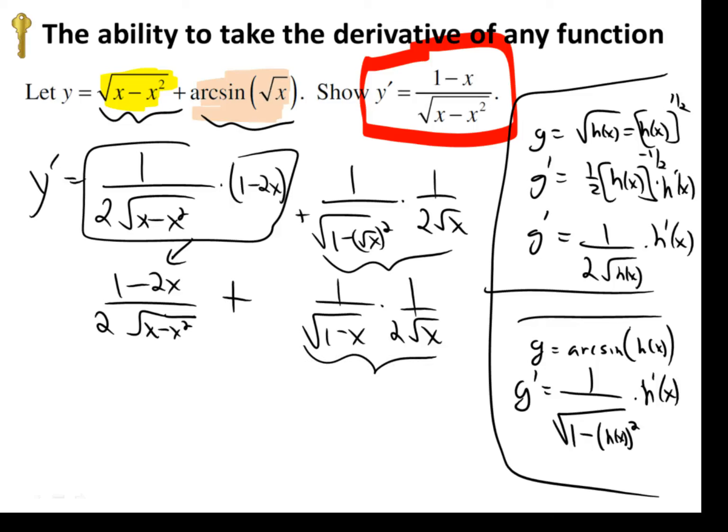If we have a root of a and a root of b, we can make it the root of a times b. We can put that x inside with the 1 minus x and multiply it. And it ends up as the same denominator. Right? Root of 1 minus x times root of x is root of x minus x squared.